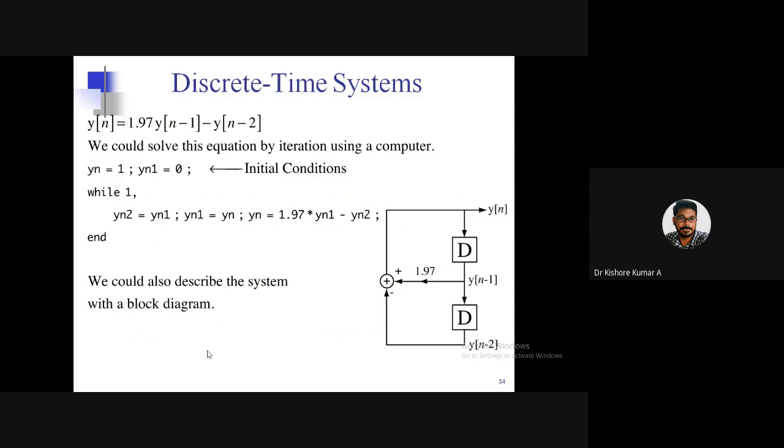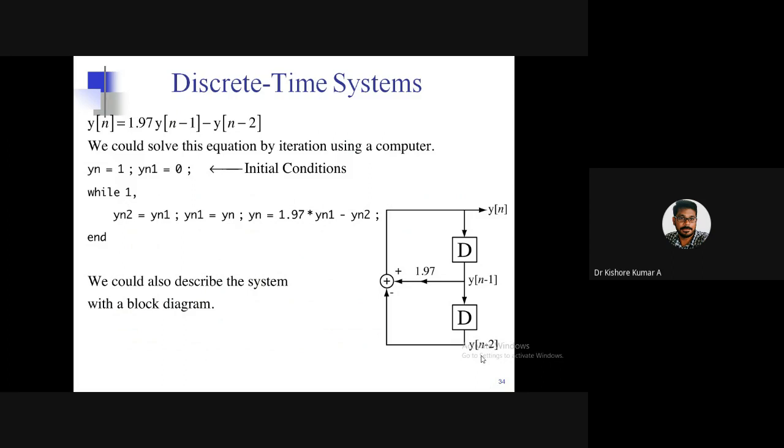I can give it, you just take this y of n as your output, and from this you make the delay value. Y of n is subjected to 1 delay, you will get y of n minus 1. Now this signal is again subjected to another delay line, so it will be delayed again, therefore y of n minus 2.